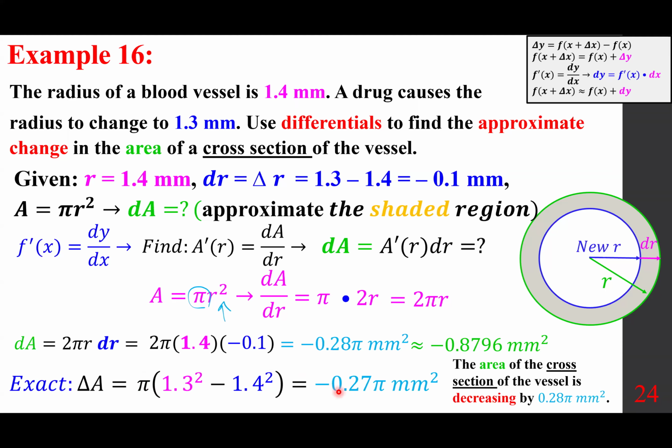The difference is negative 0.27 pi millimeters squared. Notice how close they are. They're pretty close because this number, in an absolute value sense, compared to the choice of r, is very small.